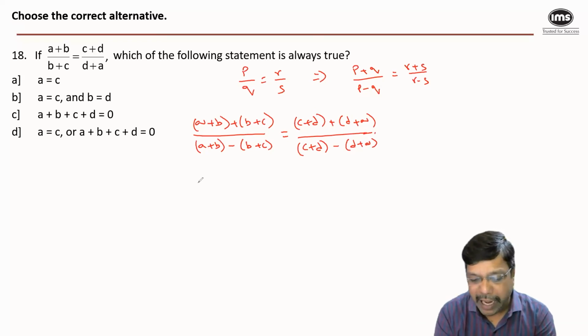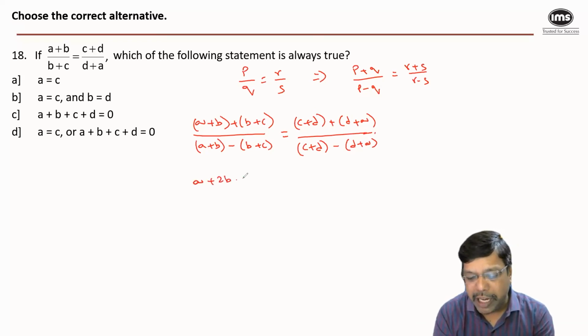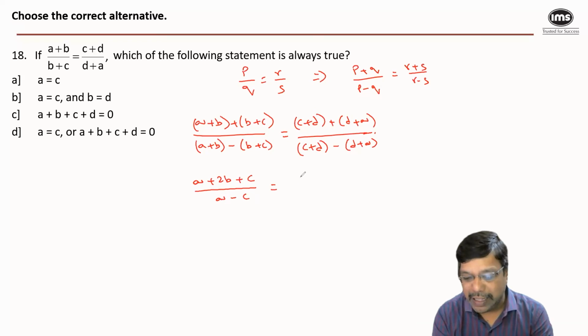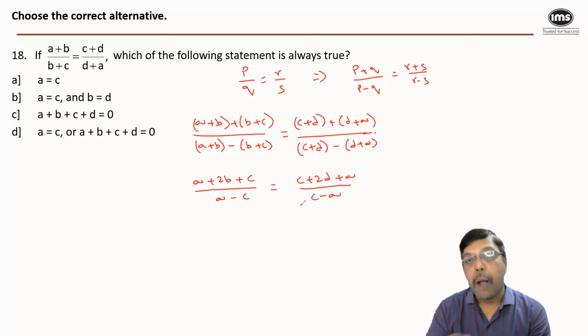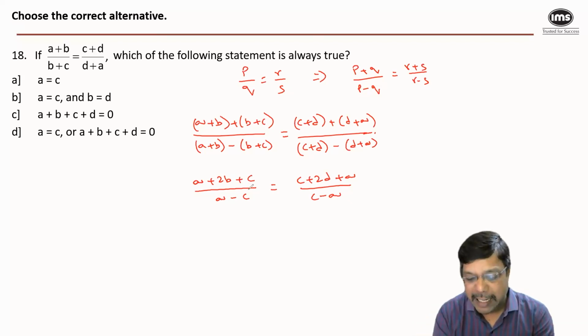Upon simplifying, I get (A plus 2B plus C) divided by (A minus C) is equal to (C plus 2D plus A) divided by (C minus A). Now C minus A can be written as minus of (A minus C).